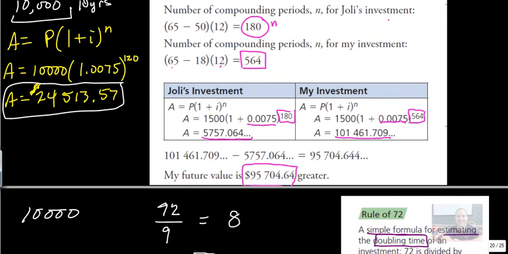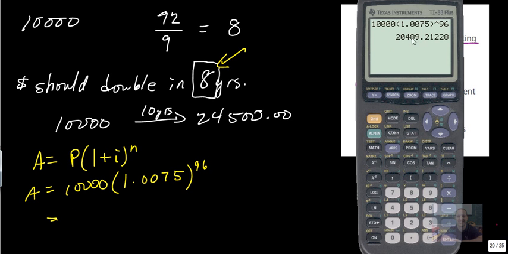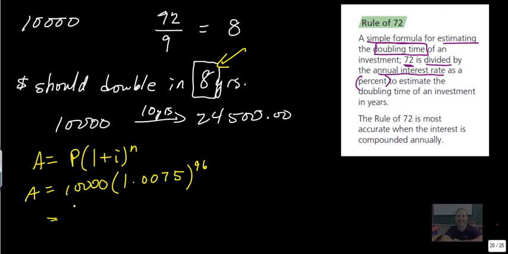Okay, I got that right, yeah. Okay, so let's see if we're close with our estimate of 8 years for the money to double. This should be somewhere around 20,000 bucks, so let's just see. So if we check it out in our calculator, we have 20,489. So as far as an estimate goes, that's a pretty good estimate. 10,000 turned into approximately $20,400. So it's a good guess.